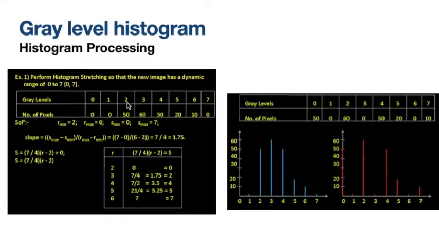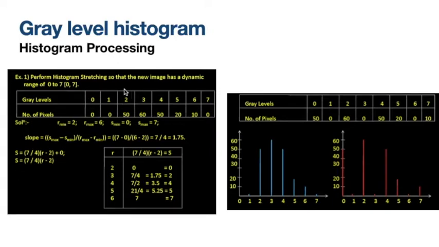For 0 and 1, the number of pixels is 0, so the lowest pixel value is 2. From 2 only the number of pixels are shown, which means gray levels 0 and 1 are not there in that image.